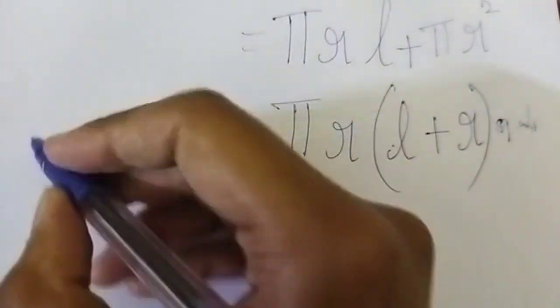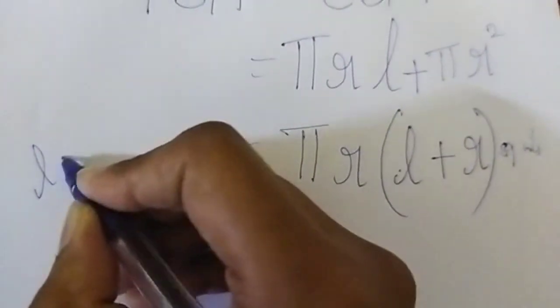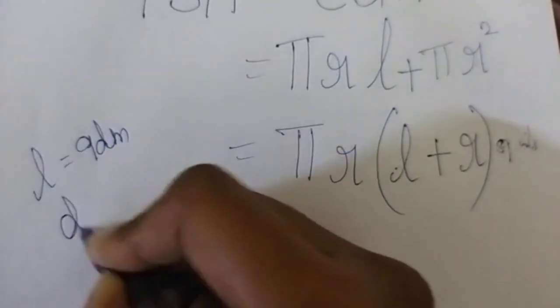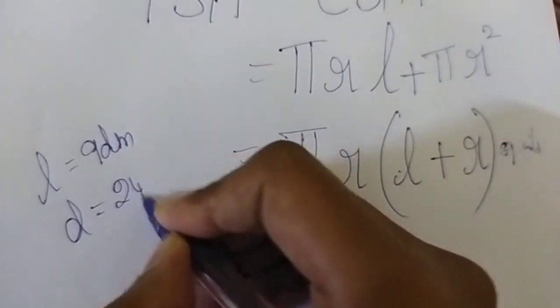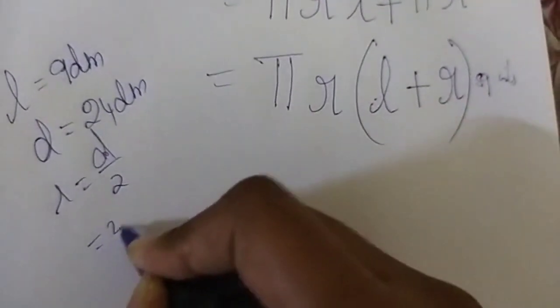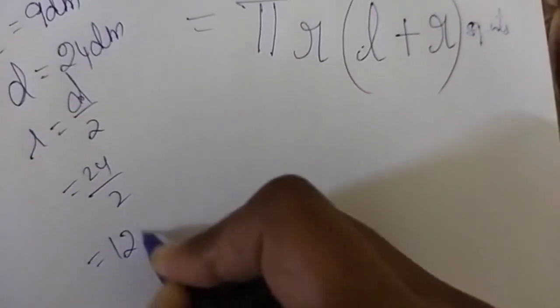Here we are given the length of slanting line as 9 decimeter, diameter as 24 decimeter. Radius is equal to d by 2, so 24 by 2 which is nothing but 12 decimeter.